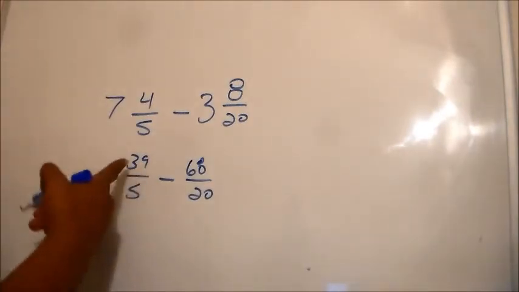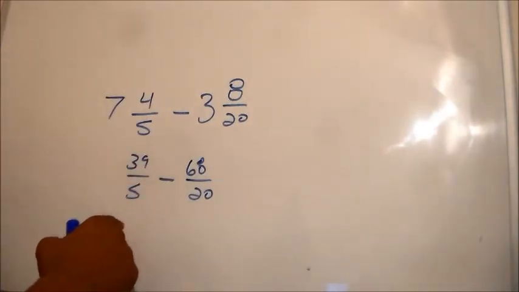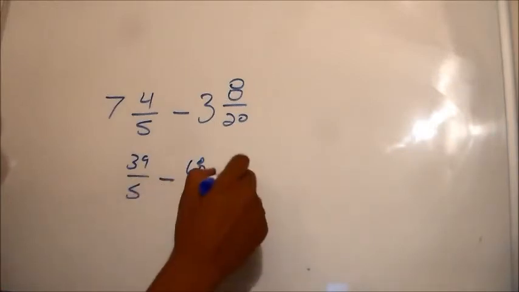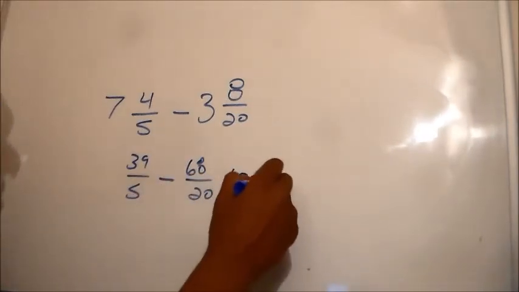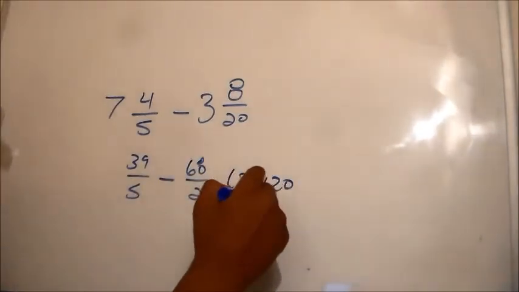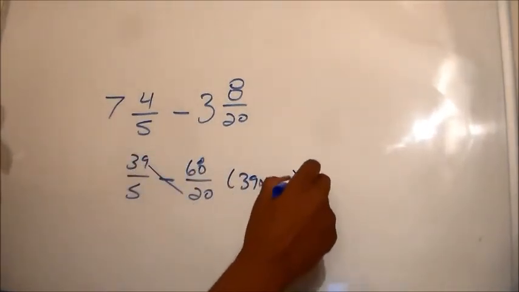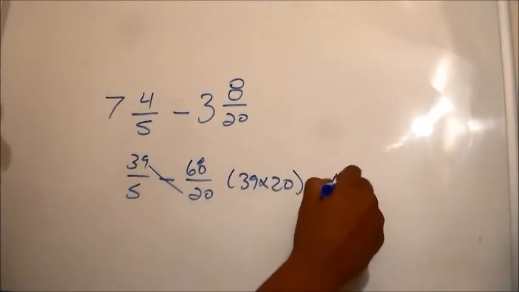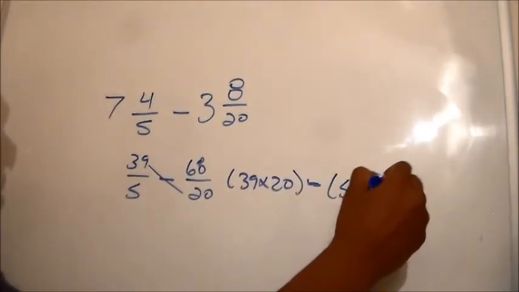Okay, now we would have to cross multiply, work out the bottom, and it becomes a nightmare of numbers. You know, it would be 39 times 20, let's multiply that, minus 5 times 68.